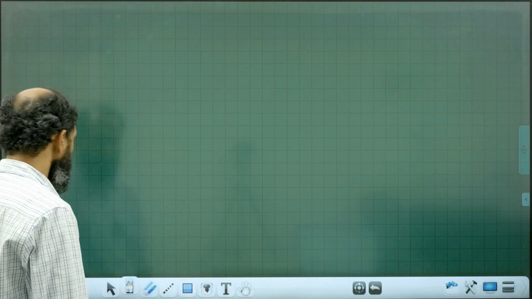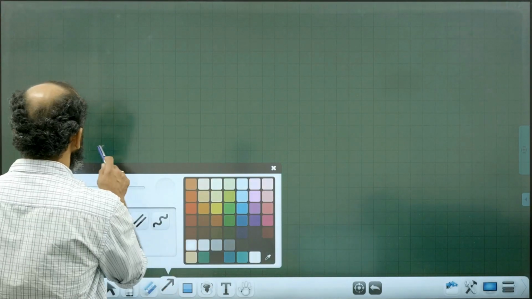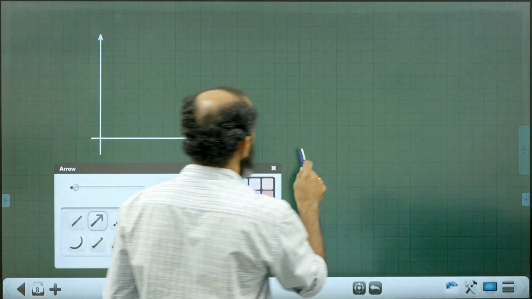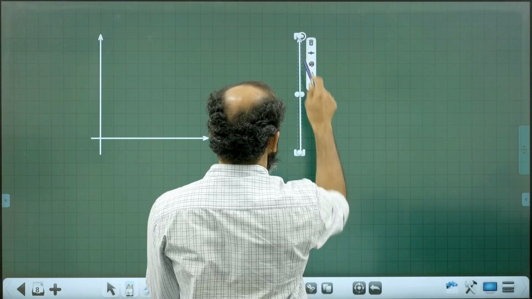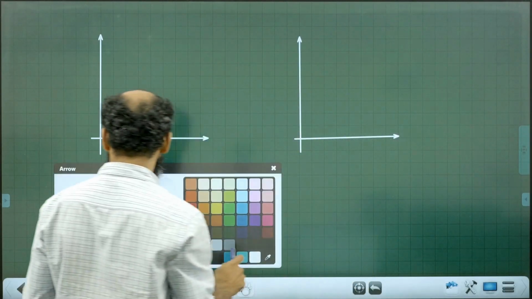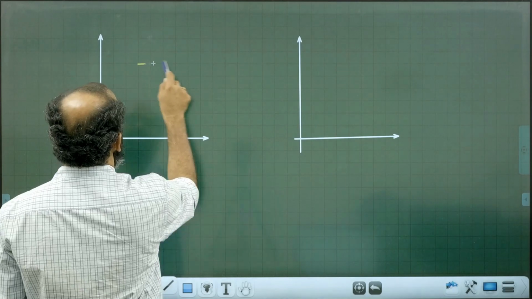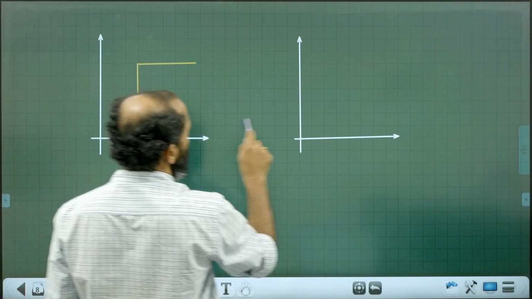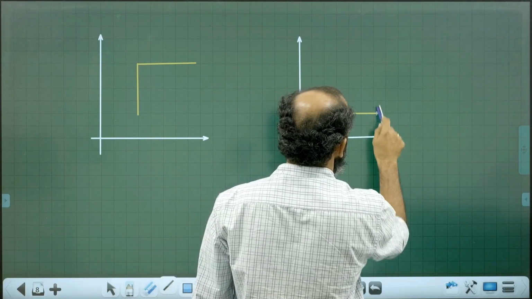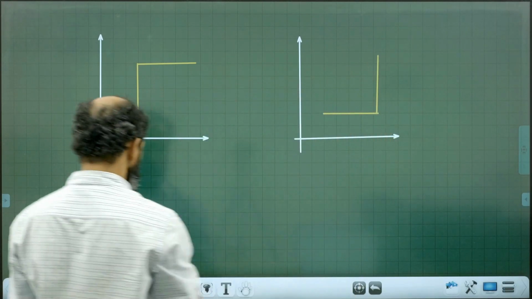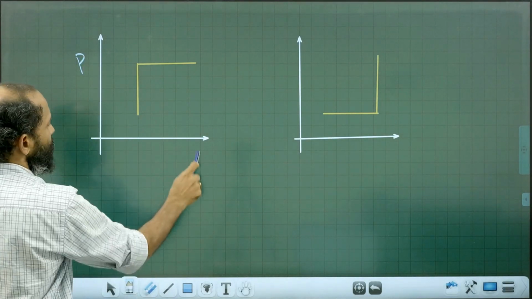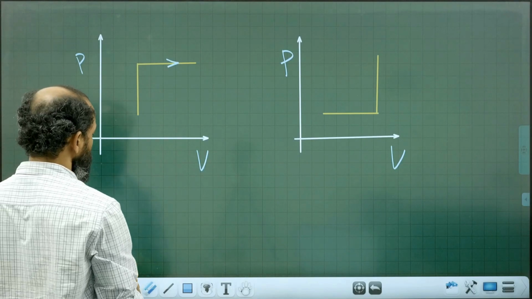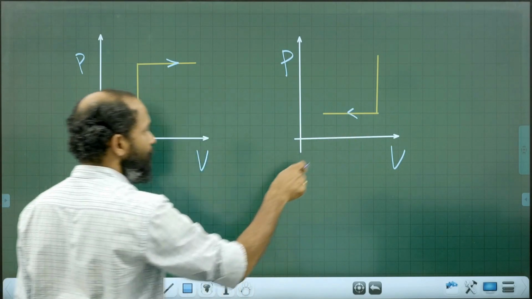Getting all this data together, let us revise all this together by using two graphs. Let me show that this graph is very, very important. You have all these processes drawn together for PV graph. And here first graph shows expansion, second graph shows compression.